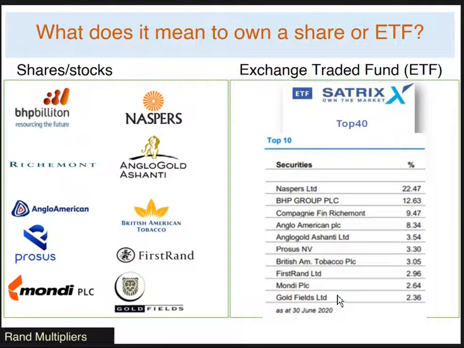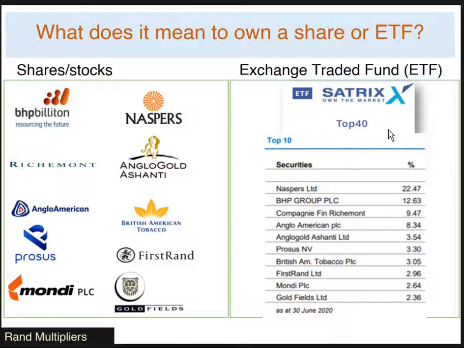You do not own these companies when you have bought an ETF, but you get the benefits of their dividends and price appreciation. So you do not own the underlying assets.